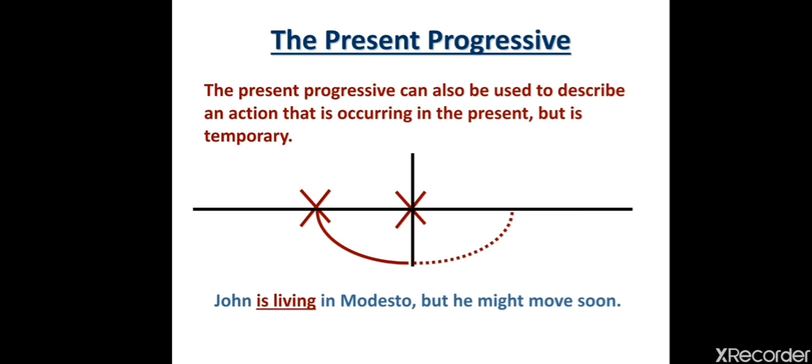John is living means he may move out and may not be right now in Modesto. He is living there, but he keeps moving here and there for a job. And he may move soon also to another place. So this action is expressed using present progressive.